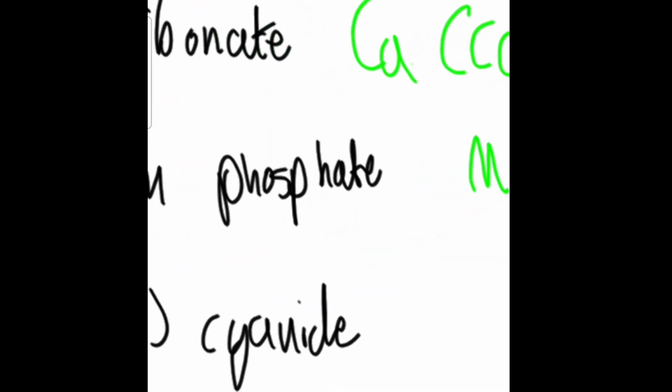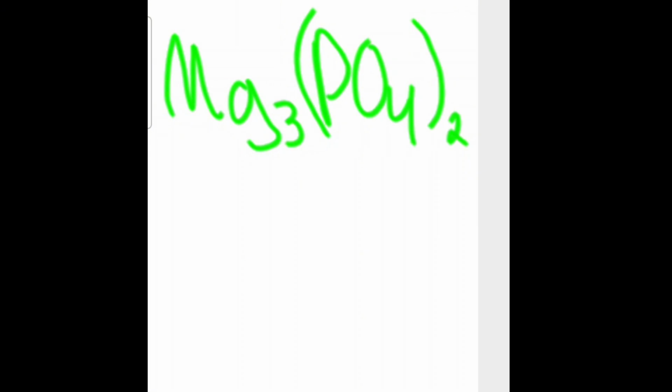And then we know phosphate is PO4. We're going to have to put some brackets around these, because this has a charge of -3, and Mg has a charge of 2. We can't reduce, or we'll get a fraction of 3/2, which is not possible to have.